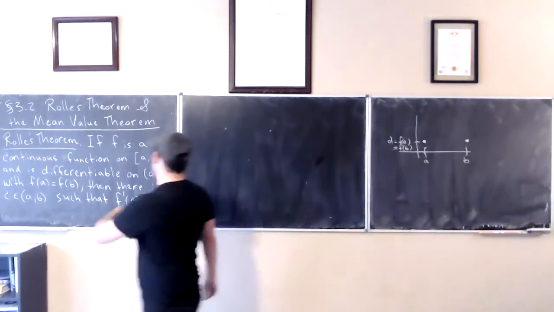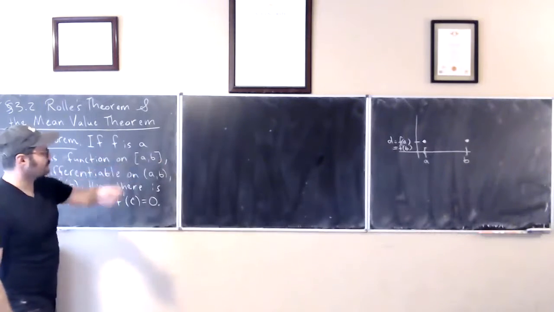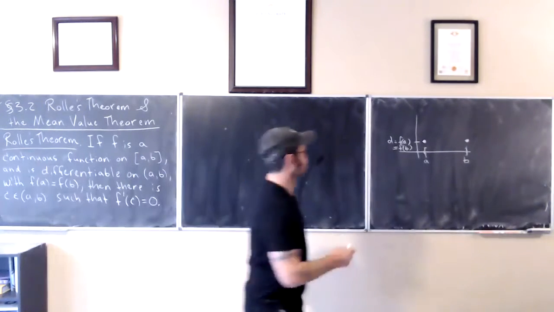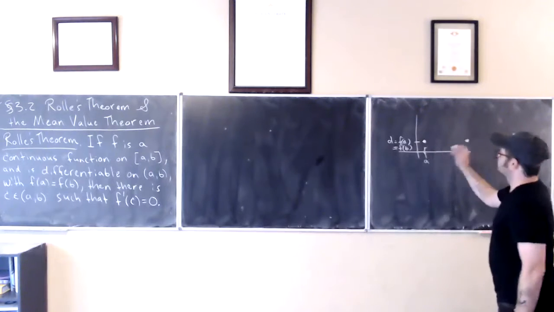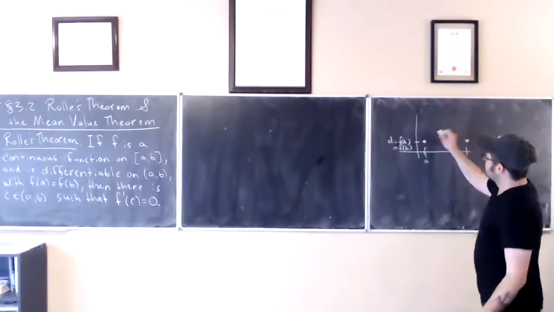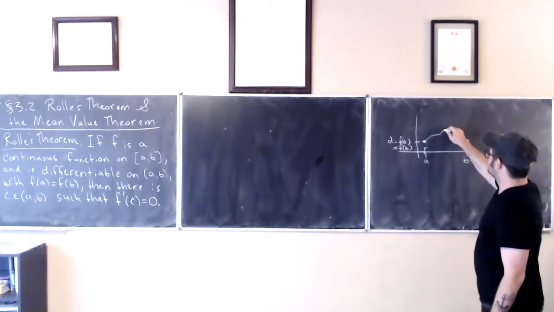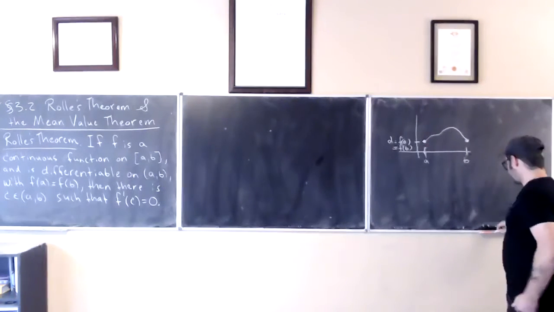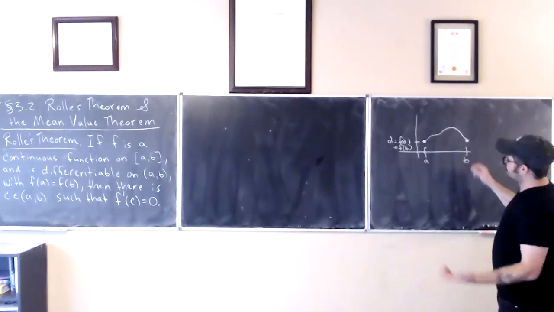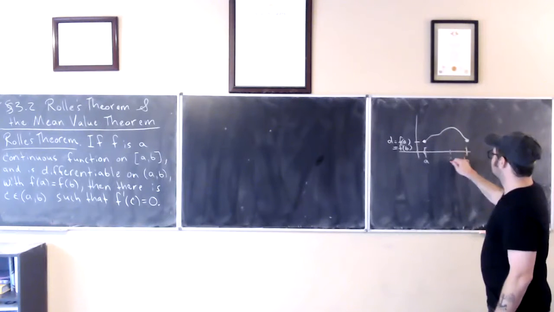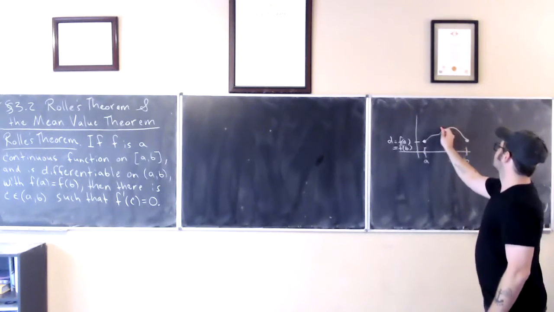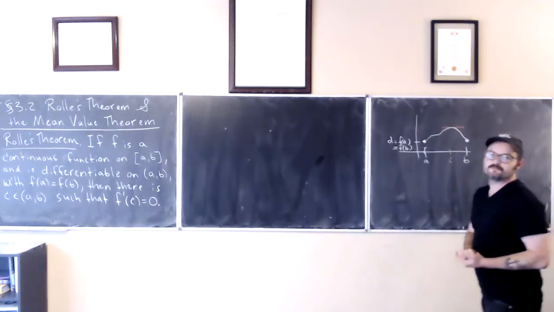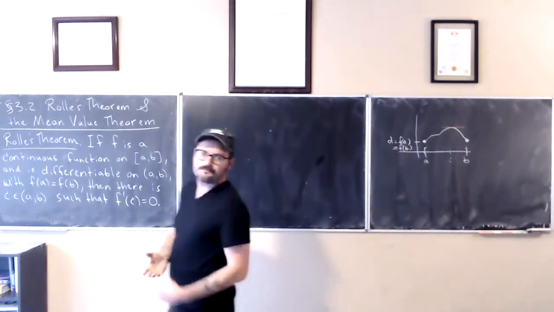And the function is continuous on the closed interval [a, b] and also differentiable on the open interval (a, b). So no matter what you do, if it's continuous and the function is connecting these two endpoints, for some value in there, maybe c, the derivative is going to be equal to 0. That's what Rolle's theorem is saying.